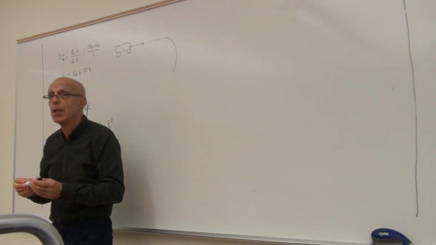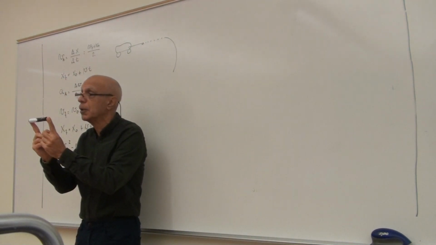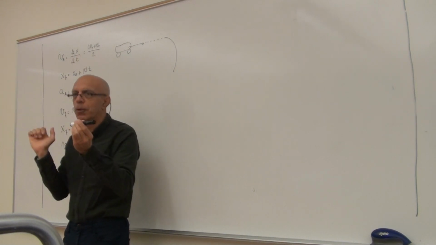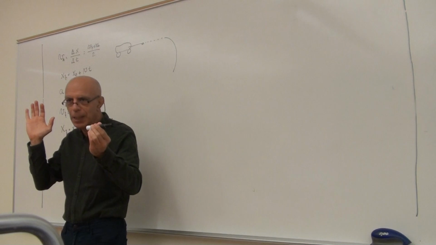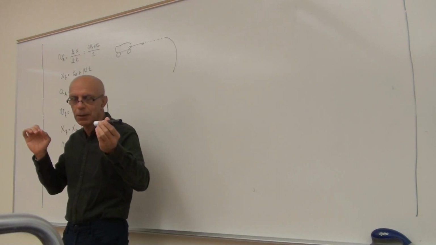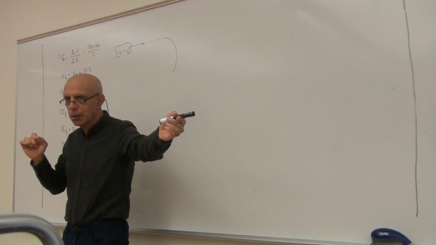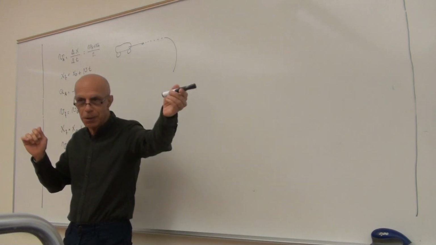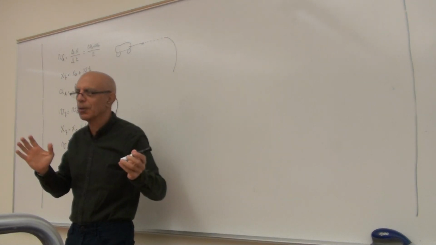Newton's first law: an object at rest is not going to start moving until I apply a force. So I applied the force, but I'm not applying it anymore. That means the velocity is going to be constant and linear, continuously.